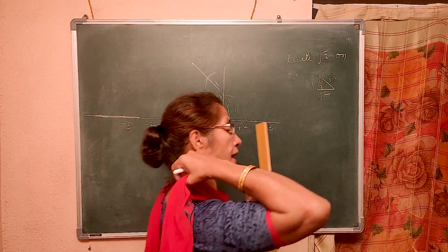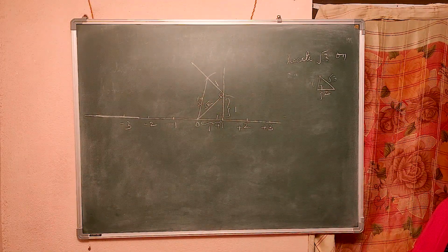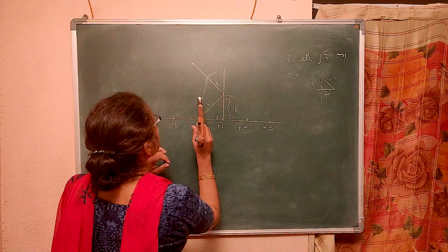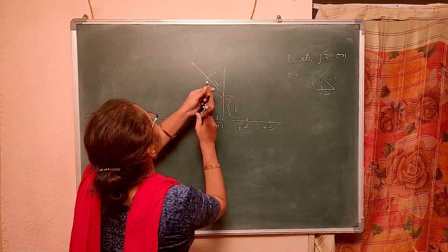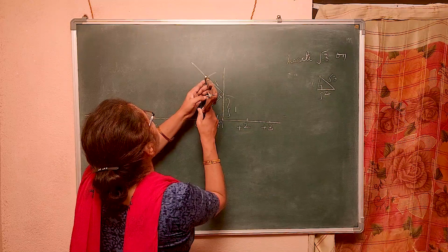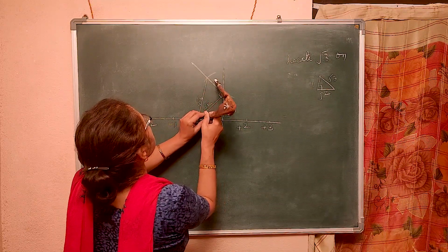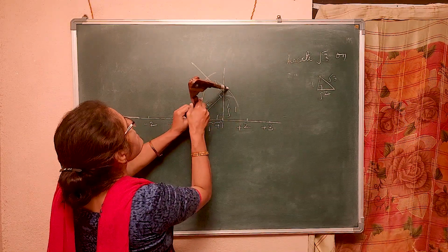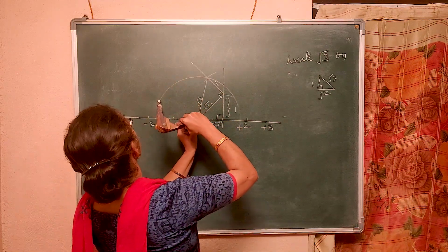So on a number line, how to draw? I take this arc from 0 to here and draw on either side. See, like here as well as on this side.